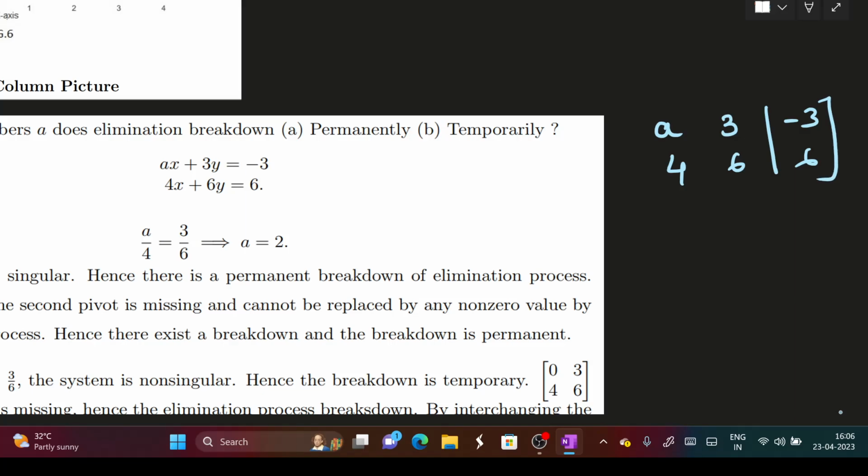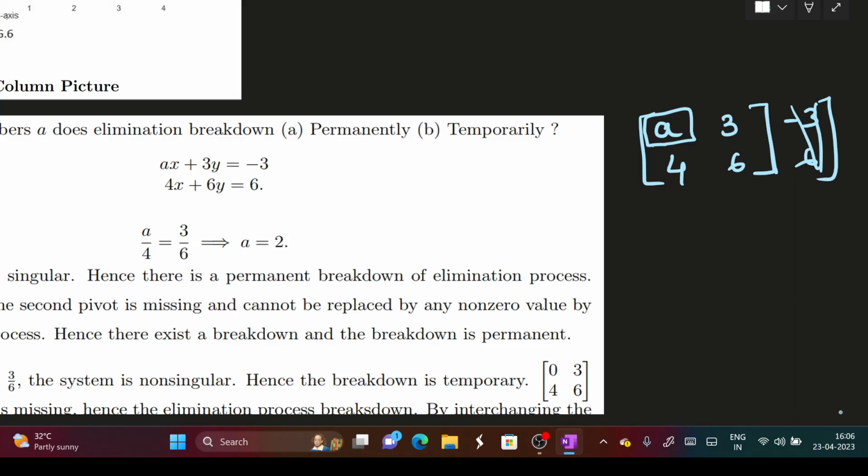This is the augmented matrix, but we are not interested in the augmented part. Directly only the coefficient matrix we will consider, because breakdown temporary or permanent is being asked. So here, if this pivot becomes 0, then there will be a breakdown, but in that case the system of equations is non-singular, so the breakdown will be temporary.